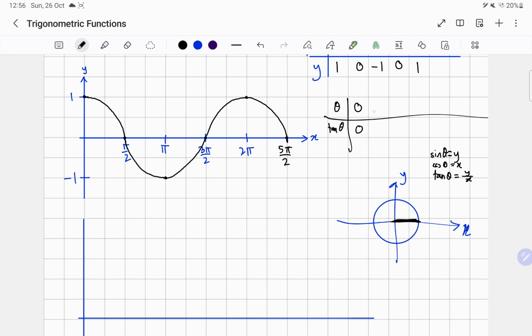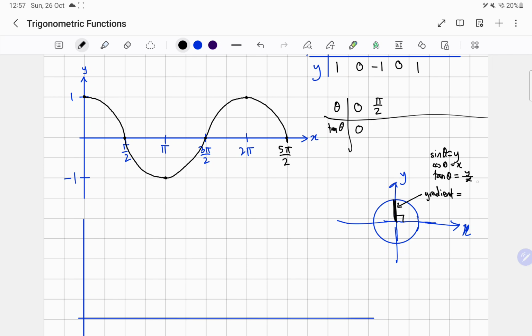Well, if theta is pi over 2, meaning 90 degrees, what do we have? We have a vertical line, because 90 degrees is like that, and then your line is vertical. What is the gradient of this line? It's actually undefined.